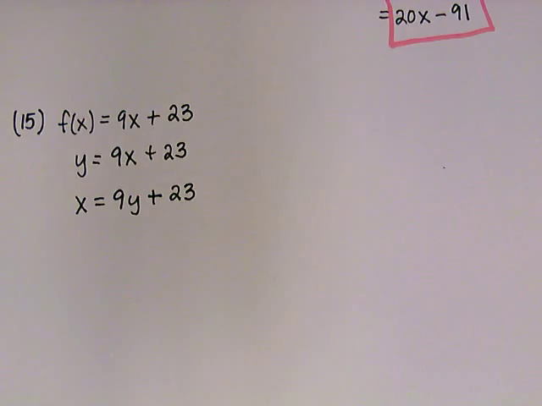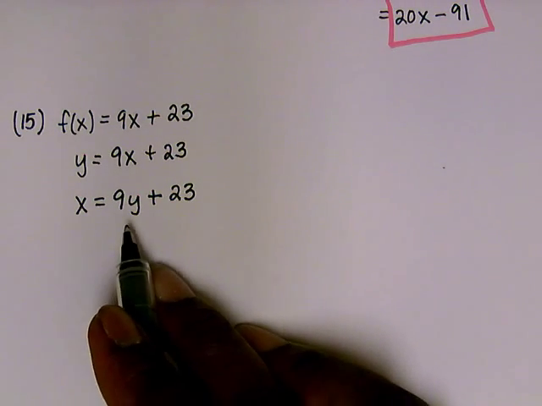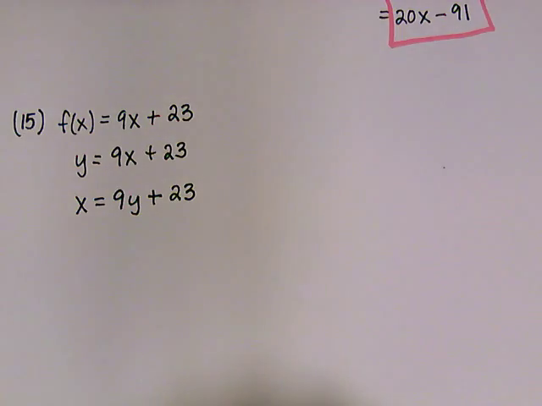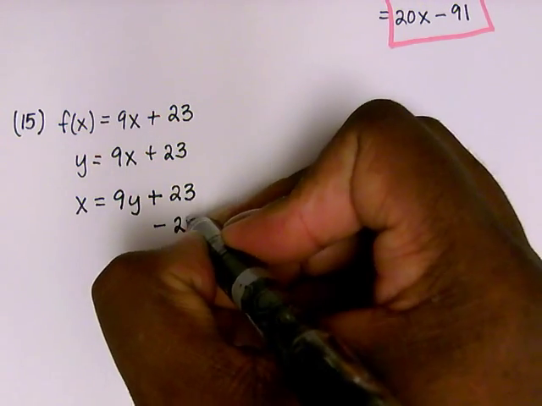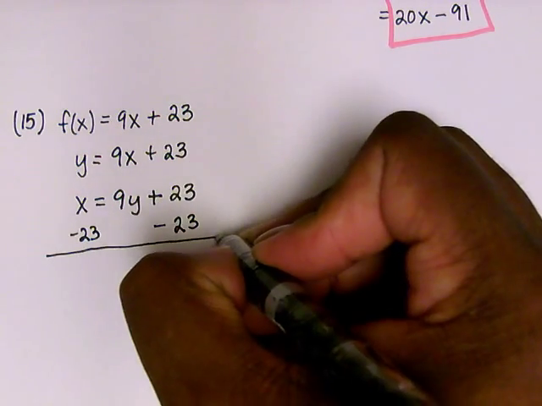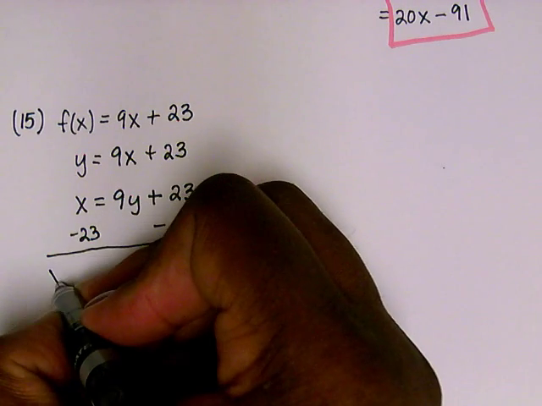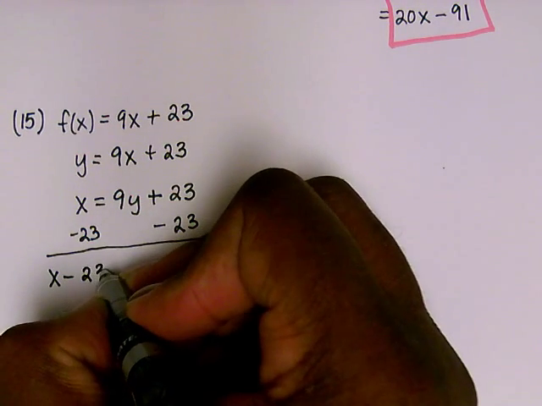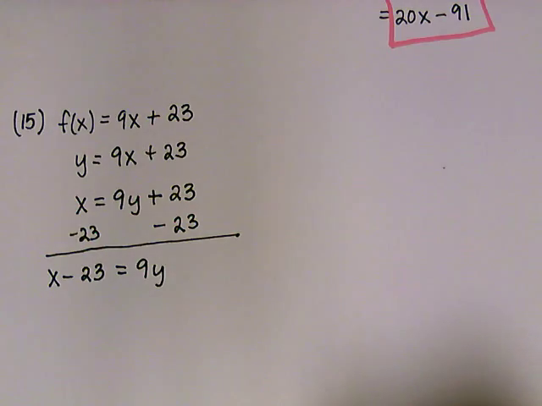And then you're going to solve that equation for y. That means I need to move the 23 over to where the x is and get rid of the 9 that's in front of it. Well, I'm adding 23, so I need to subtract 23 on both sides. Now on the left side, I'm going to have an x minus 23. That's equal to 9y.